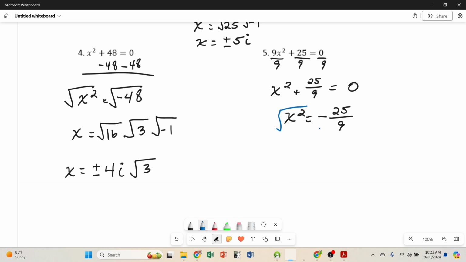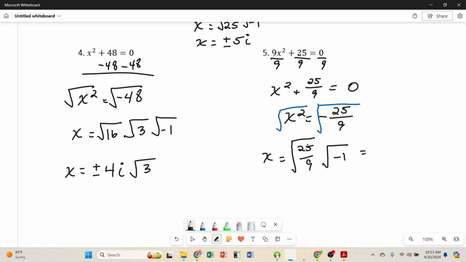So I'm going to take the square root of all that. Well, the interesting thing here is this: x is going to be equal to the square root of 25 ninths times the square root of negative 1.